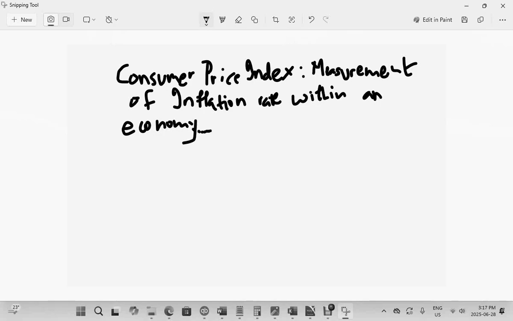All right, so just like we use the price levels and the index to figure out the inflation rate, the consumer price index is used in the US, for example, to figure out the inflation rate within an economy. Now, when it comes to the consumer price index and the calculations relevant to the price levels and the index that we did in the past couple of videos, there are two biases.